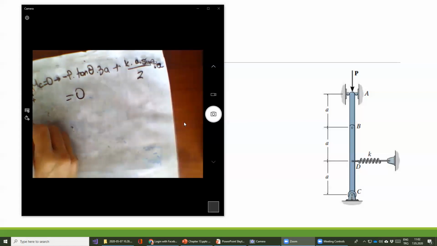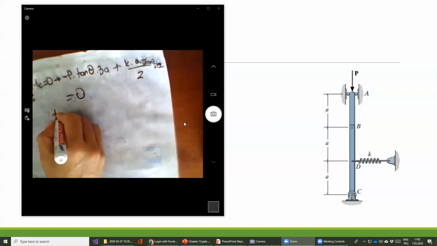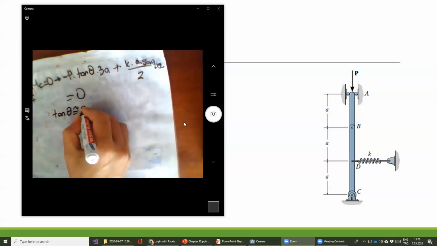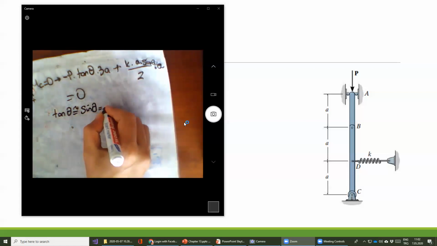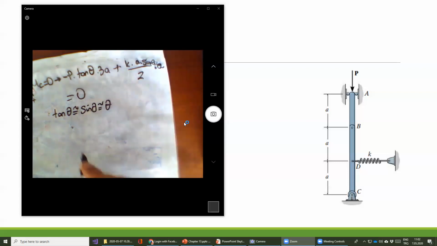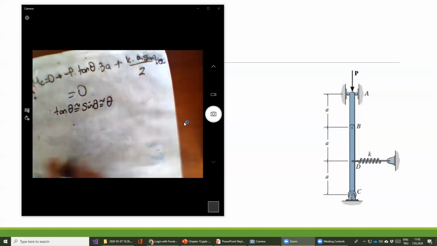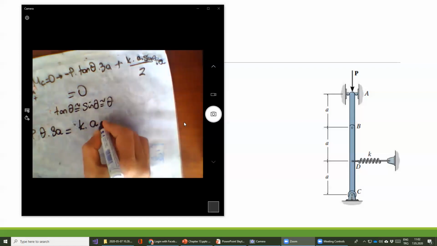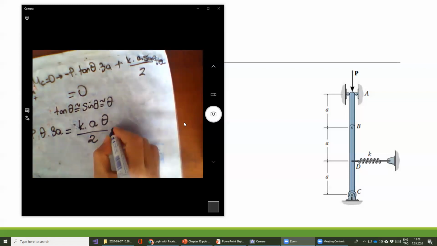You remember that at small angles tangent theta and sine theta are equal to theta, so we take that. So P theta 3a is equal to K a theta divided by 2 times a.